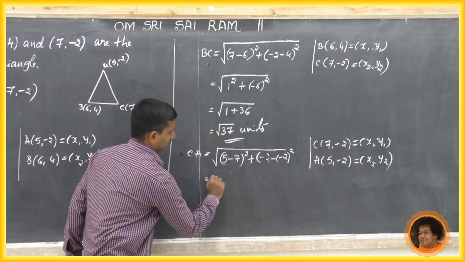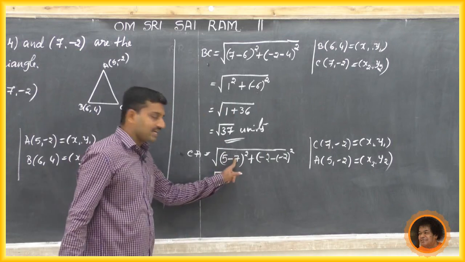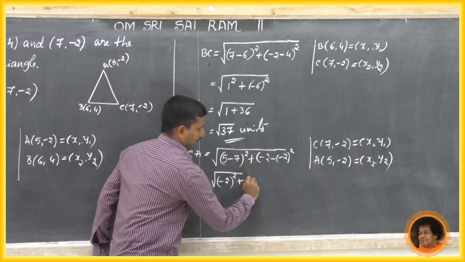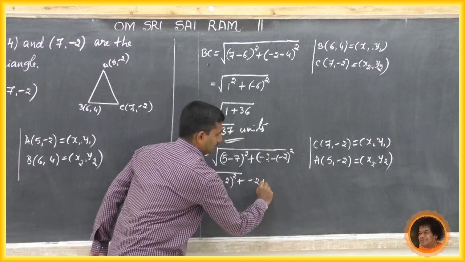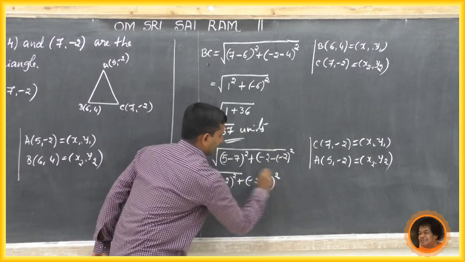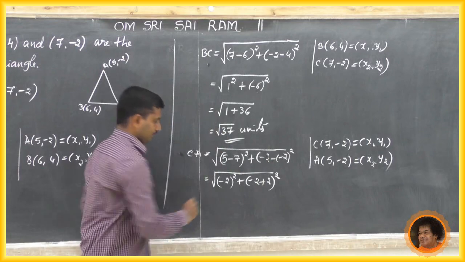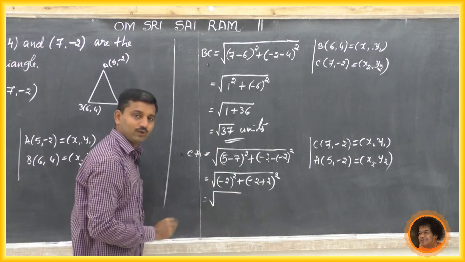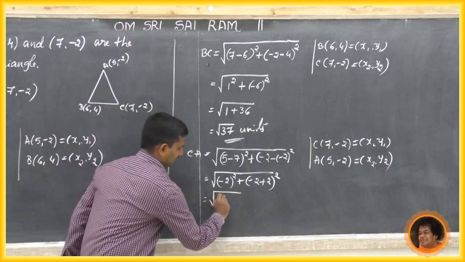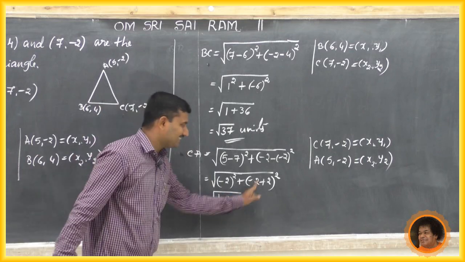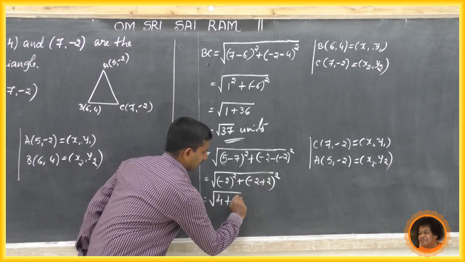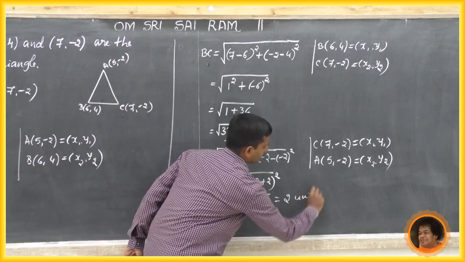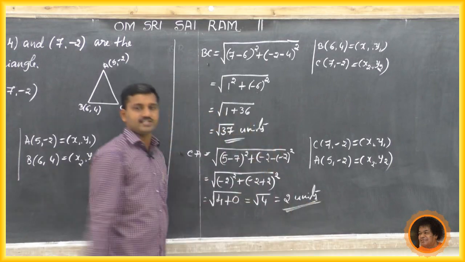So equal to square root of (5 minus 7, that is -2) whole square, that is 4, plus (-2 plus 2, that is 0), equal to square root of 4, equal to 2 units. So this is the distance.